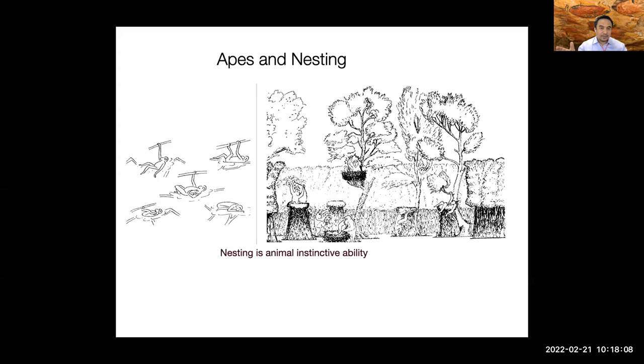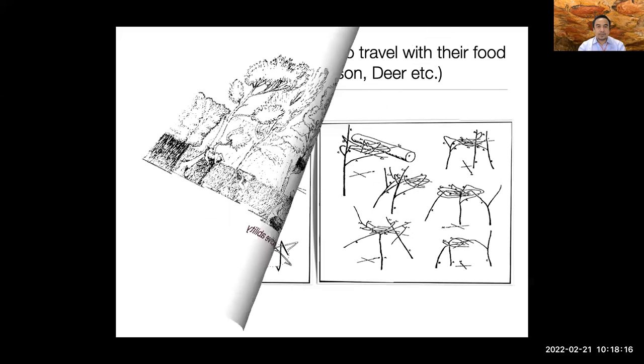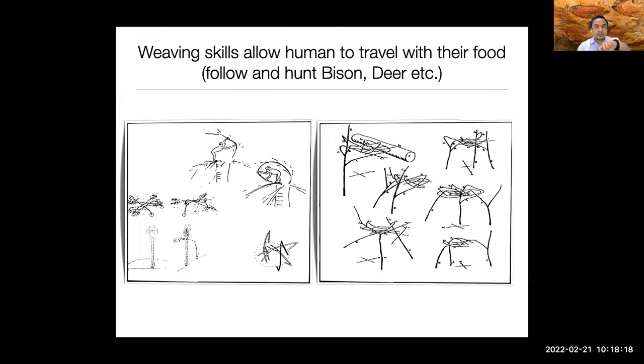You see, the way they build is they weave. The weaving means they put the twigs, the branches together to make a space that they can sleep in at night, right?